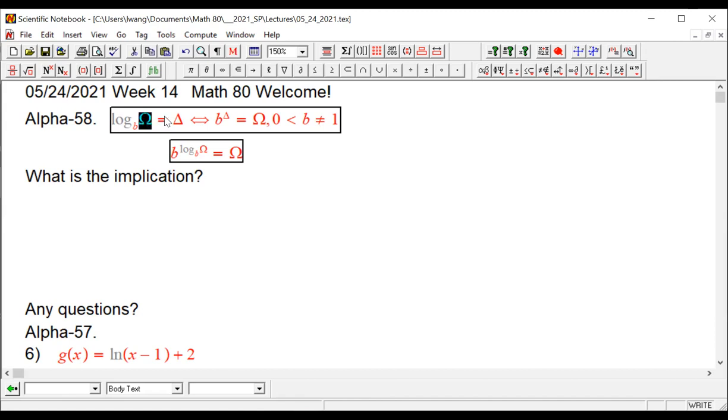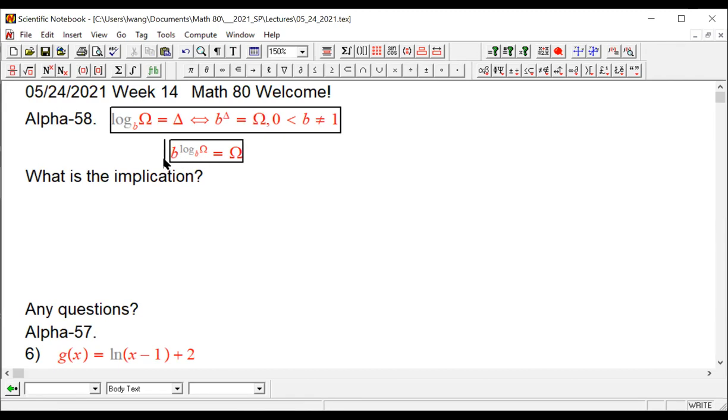Omega is always positive. Well, that's a domain. Omega is always positive, so this is the domain. Triangle can be any real number. That's the range of logarithm. Triangle can be any real number, and this guy has to be positive.